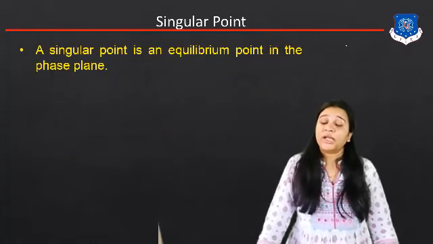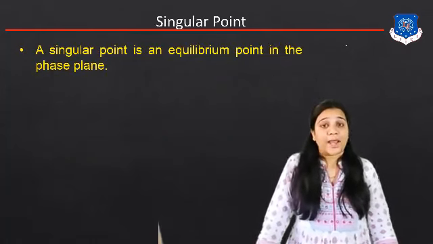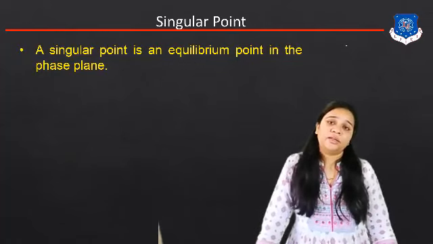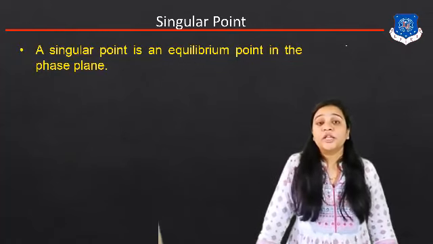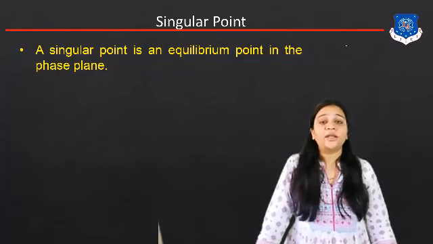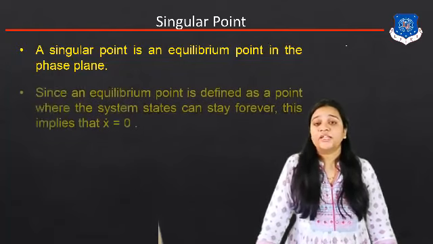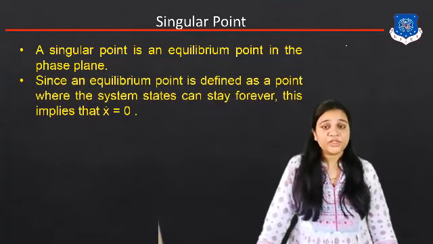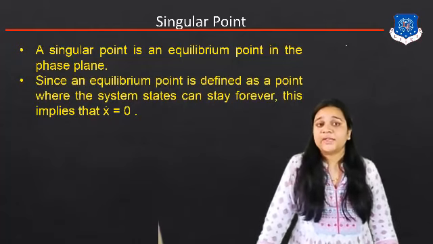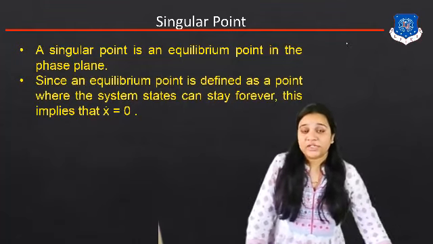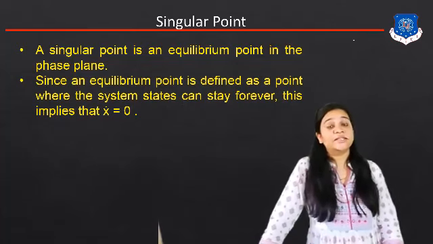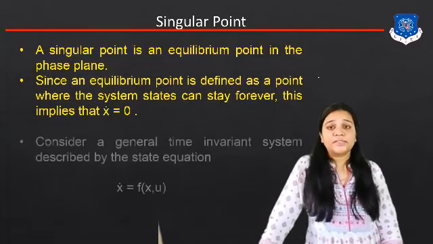The next and most important point generally used in non-linear systems is the singular point. A singular point is the equilibrium point in the phase plane. Since an equilibrium point is defined as the point where the system state can stay forever, this implies that x dot is equal to 0.